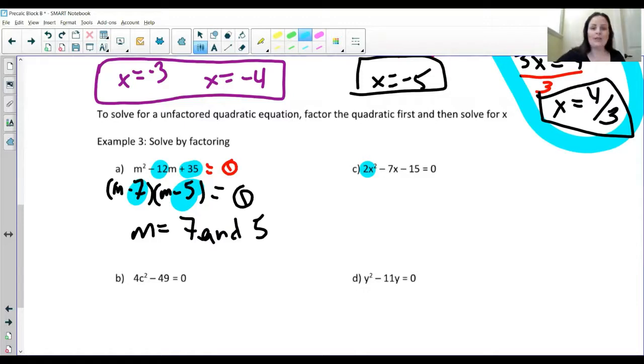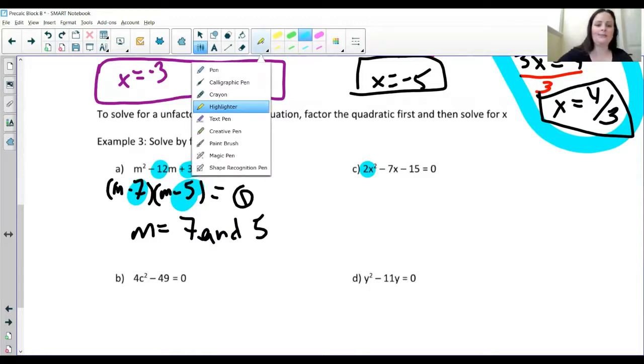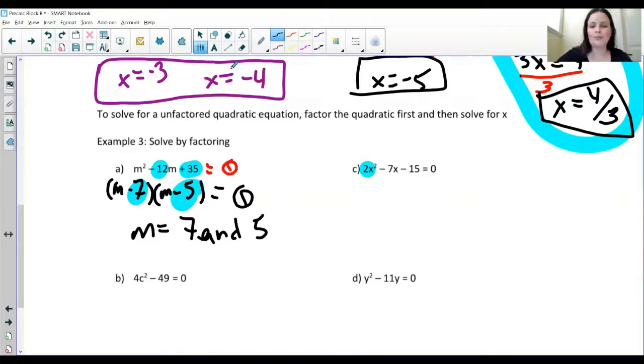So for this one here, the next one, C, I know it's labeled the other way. So you're looking for two numbers that multiply to -30 and add to -7. Those two numbers are -10 and +3. So then you can use decomp method, or you can use box method.